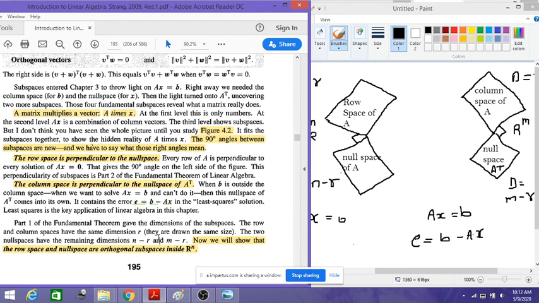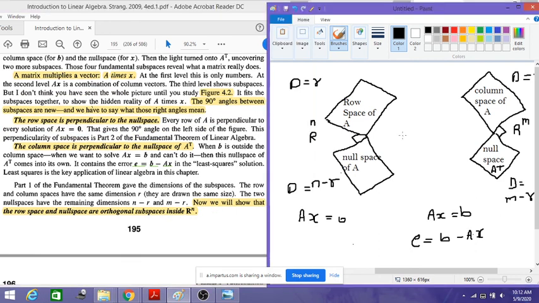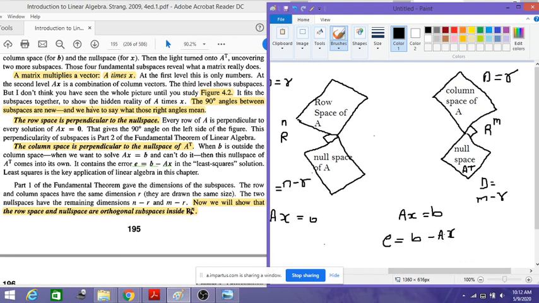In terms of dimensionality, we have different dimensions for all these. This is r power n here. The dimensions are different: this is r, this is n minus r here, m minus r here, and the dimension is r.